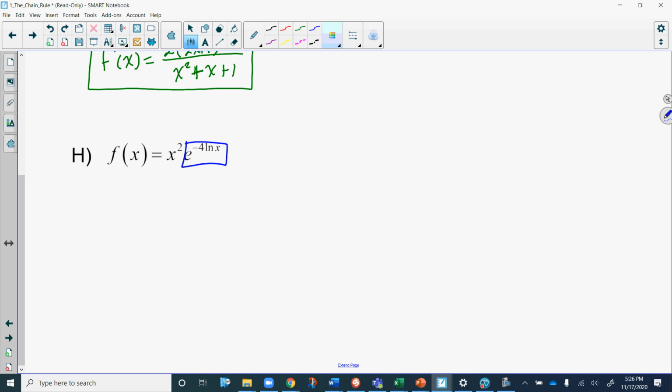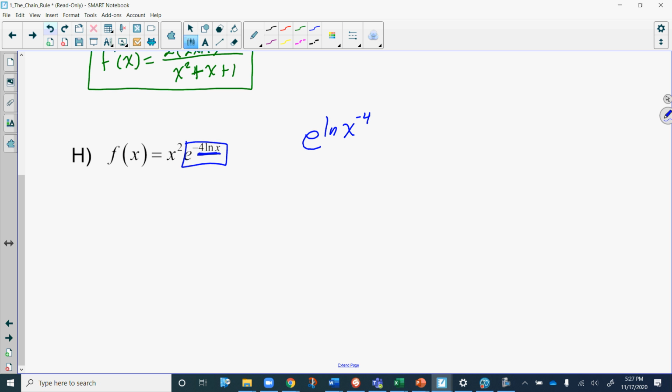Looking at this bit here, the exponent, the 4 times the natural log of x, we can rewrite that whole thing in blue as e to the natural log of x to the 4th power, or negative 4th power. I didn't get my negative sign there very well. Excuse me. Natural log of x to the negative 4th power.